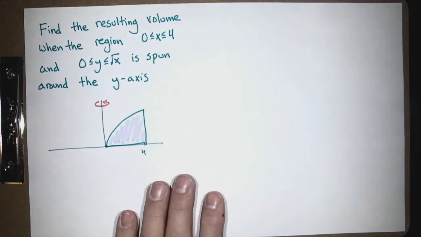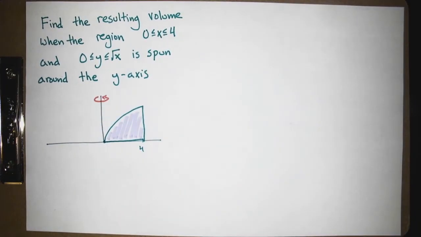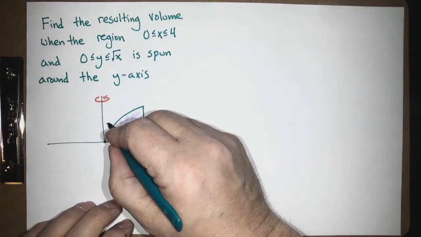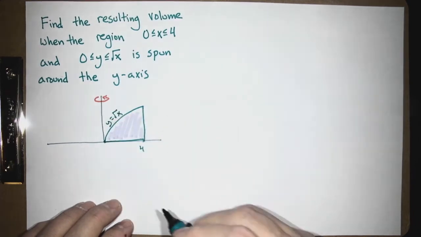Well, let's try it out in practice. Okay. Find the resulting volume when the region x goes 0 to 4 and y goes from 0 up to root x is spun around the y-axis. So I'll note that this is y equals root x.